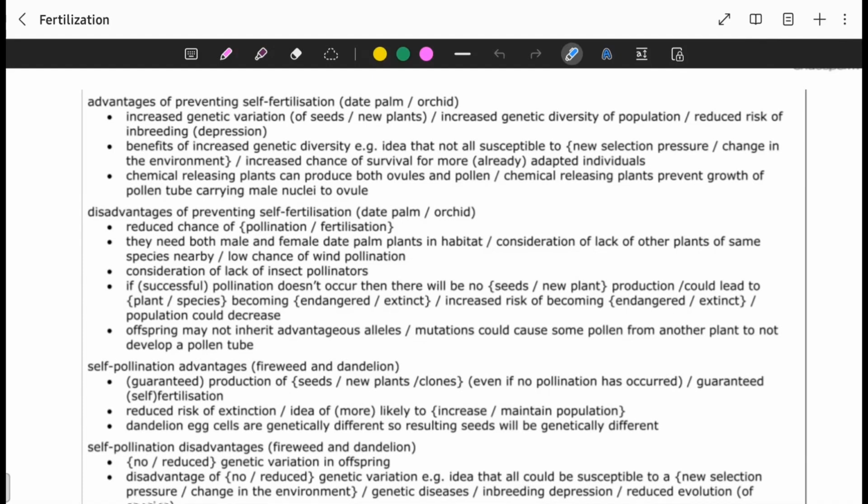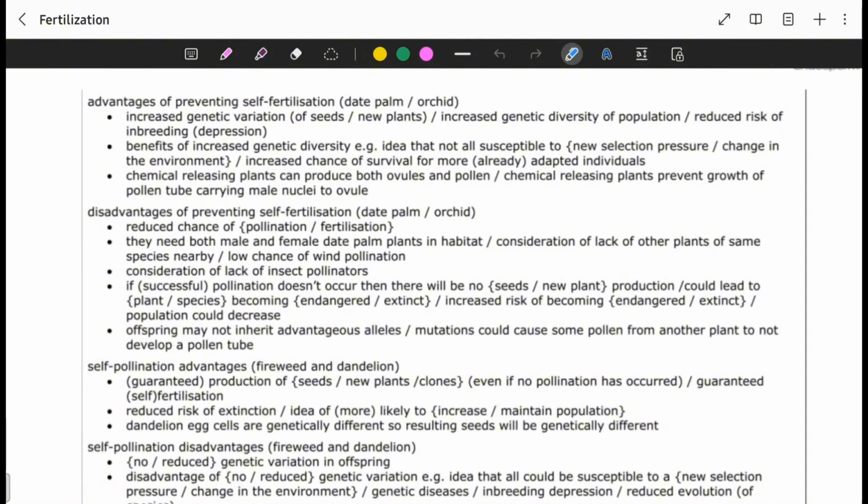And if successful pollination does not occur, there will be no seed production, and the plant will become endangered, and slowly it will become extinct. The offspring may not inherit the advantageous allele, so a mutation can cause all of them to die together. Okay, so they'll be extinct.